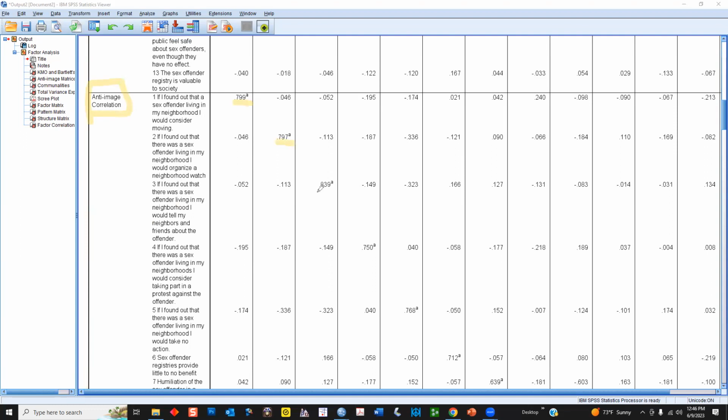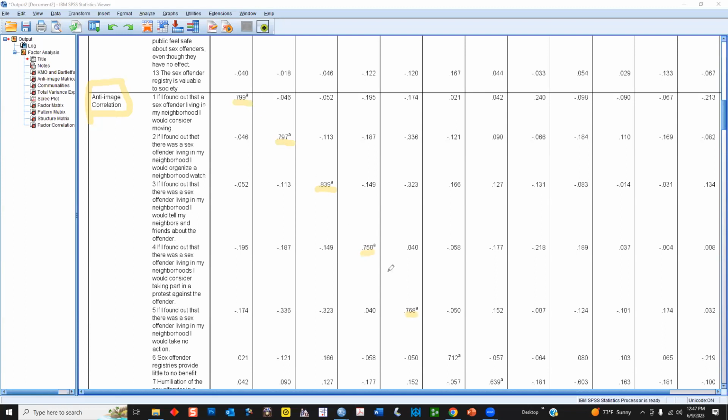If you go down the diagonals here, the ones with a superscript letter a, those are the values that tell you the KMO score for the individual items. So item 1 has its own KMO score, and that's along the diagonal. And it's the same principle. You want it to be above 0.6, ideally up around 0.8 or above, and you can see that all of these ones are.